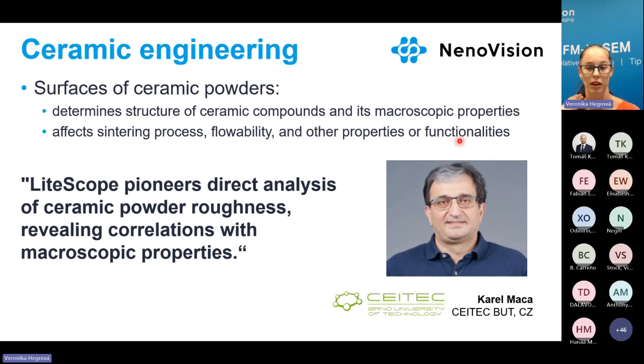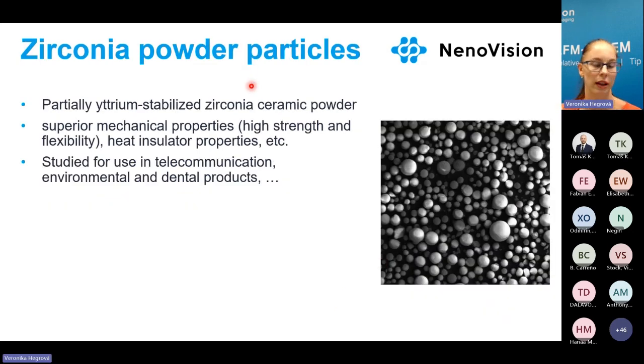We collaborate on these samples with Karel Matza, and actually these studies were never done before, as it can be partially calculated from the SEM signal, but it doesn't give us very much precision. And otherwise, it's very hard to do differently. So if we get into the sample, we can see over here an SEM image of zirconia powder particles.